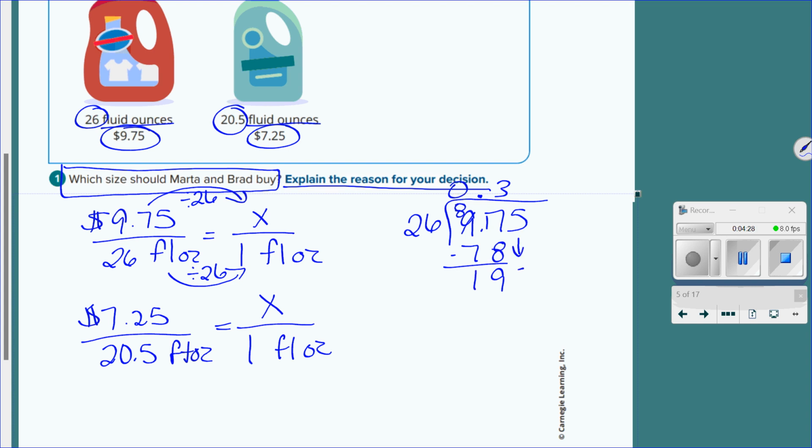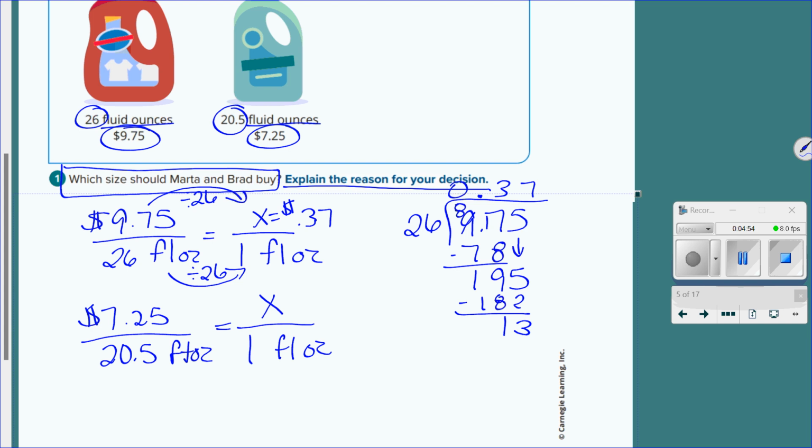Bring down my 5. 26 into 195? 7? 2, 4, yeah. 3, 1. But I'm going to stop there because I'm talking about money, and I already have my 2 numbers behind my decimal. Yes? So I can say that it is about 37 cents per ounce.